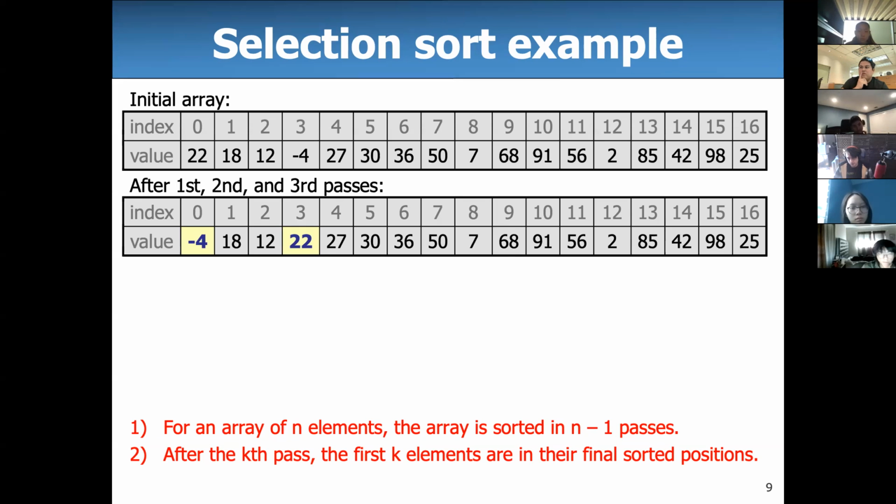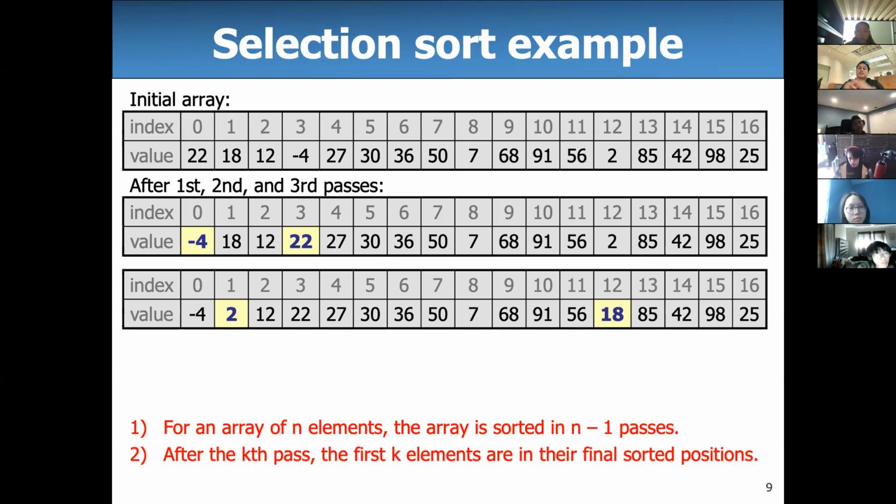It'll swap. With what? It'll swap 2 with 18. Bingo. So on the second pass, 2 gets swapped with 18. And then what would probably be the next pass? 7 with 12, until they all get put in order.